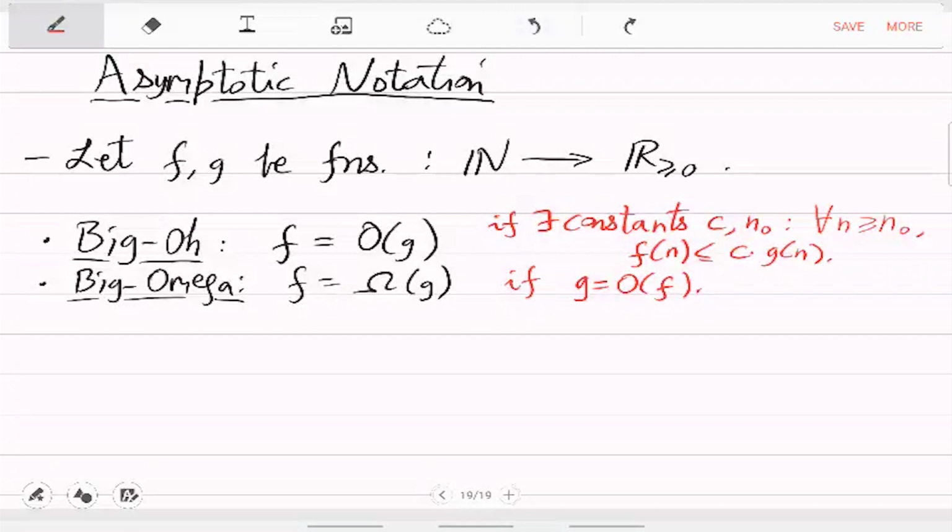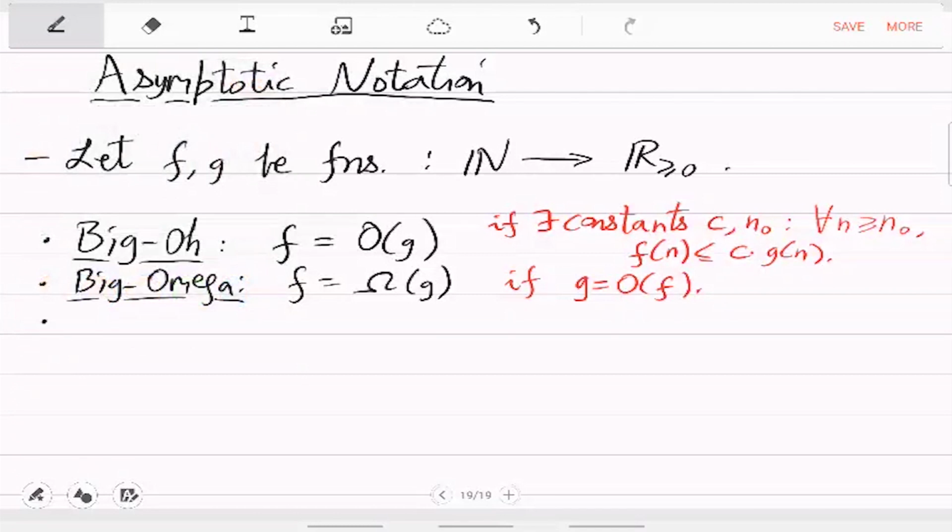Okay, so if g is big O of f, basically you are saying that f is greater than or equal to g up to a constant c. Okay. So big O is an upper bound, big omega is a lower bound.